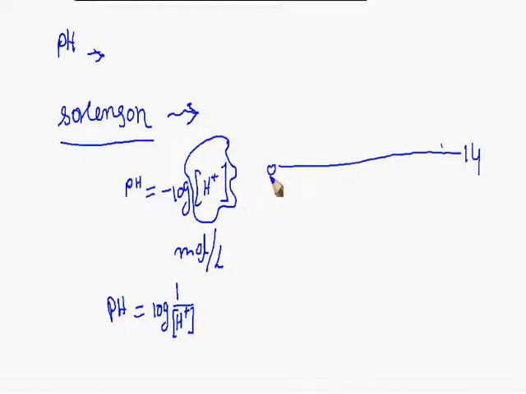According to Sorensen, if a substance has a pH value of 0, 1, 2, 3, 4, 5, 6, meaning the range 0 to 6, it is acidic, and exactly 7 is neutral.